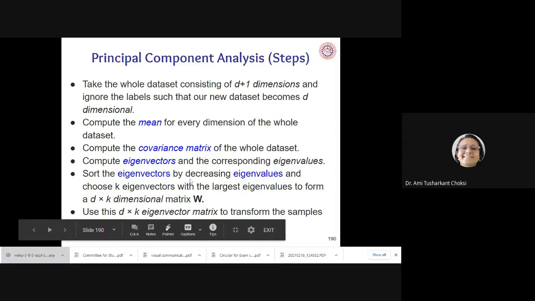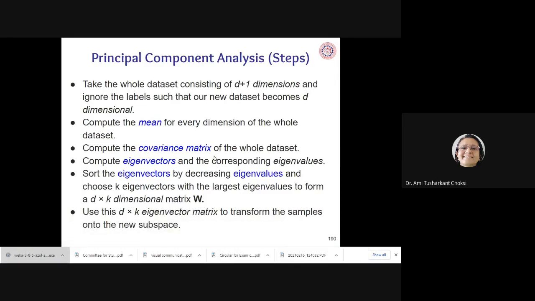That is, use this D cross K eigenvector matrix to transform the samples onto the new subspace. Right. So the mean we want to find. Then we can say the covariance matrix of the whole data set we want to find. Then eigenvectors, eigenvalues we need to find.